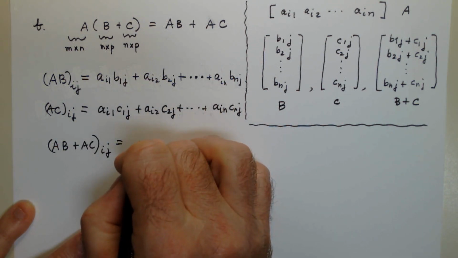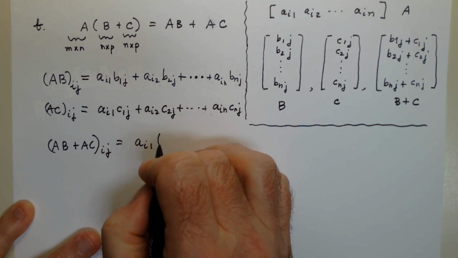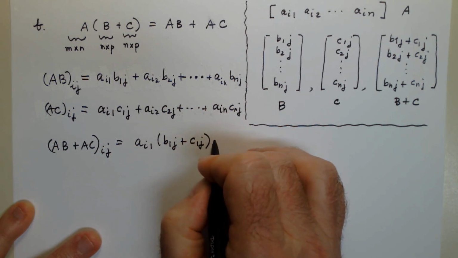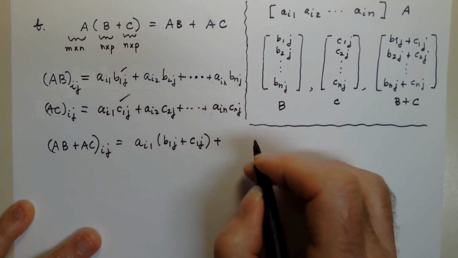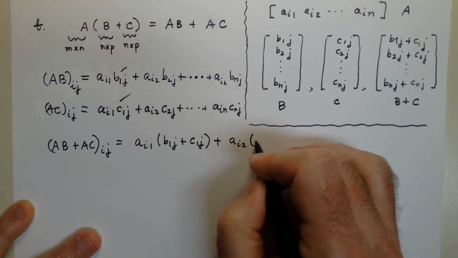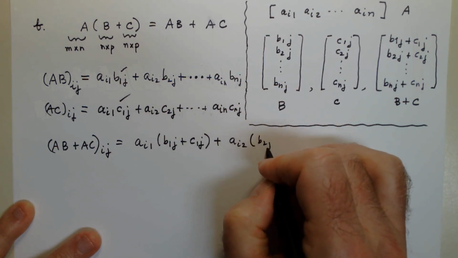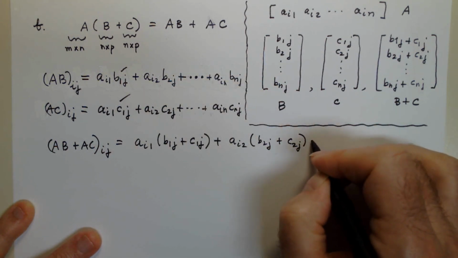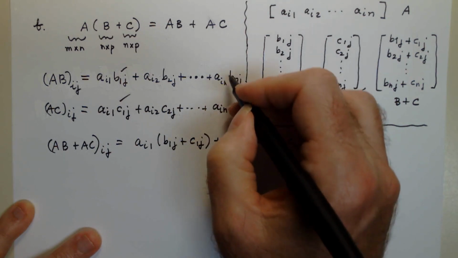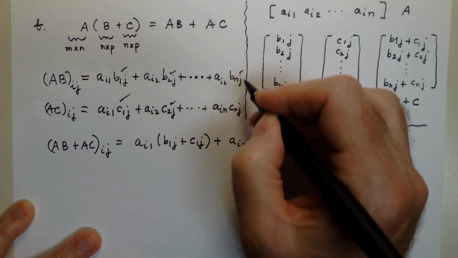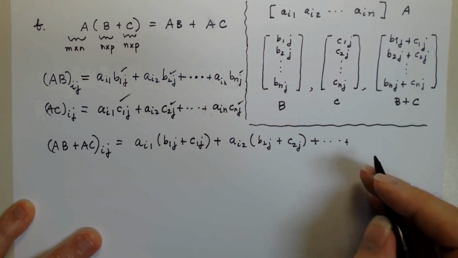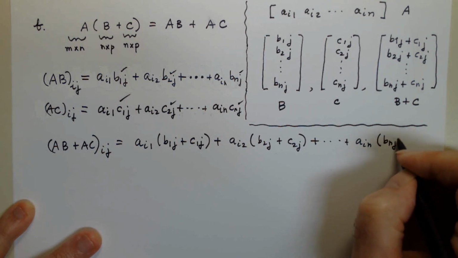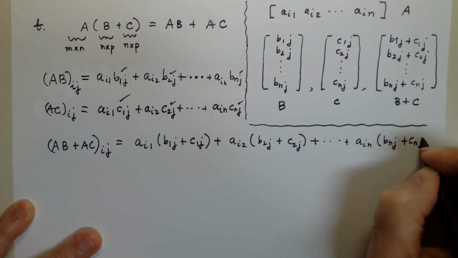So this is going to be Ai1 times (B1j plus C1j). That takes care of those two terms. Then I'll have Ai2 times (B2j plus C2j). And this will go on until I've exhausted all my terms except this last one. And this last term is going to be Ain times (Bnj plus Cnj).